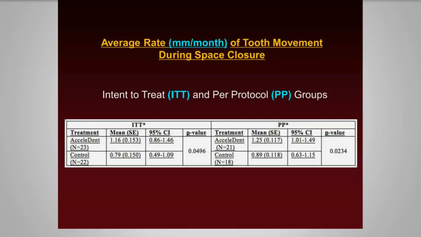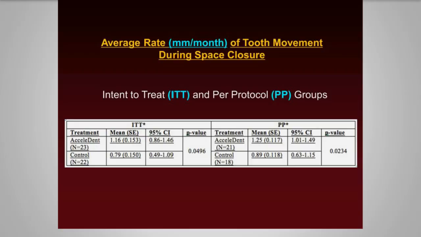This is the data from the per protocol group, which is actually even more significant, with a smaller number of patients, and this difference over here, 0.89 versus 1.25, ended up being about 39% faster tooth movement with Excellident. In other words, it's consistent, but these are the data that are actually more meaningful for a clinical trial. So that is the essence. If you ask where is the beef, that's where the beef is.